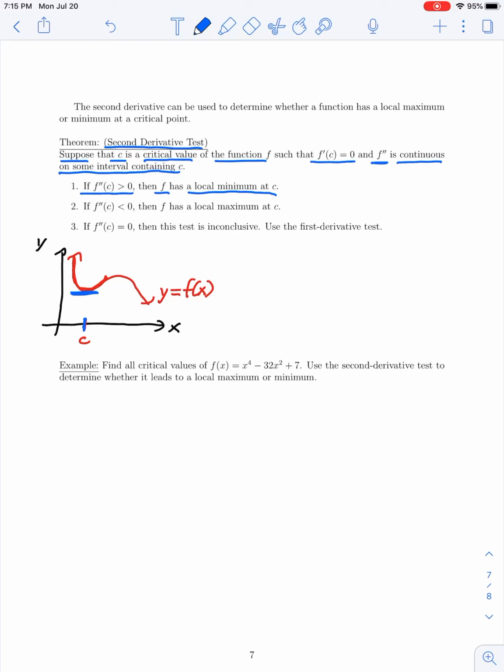Now, the second part of this theorem says if we have a second derivative which is negative at a critical value, then f has a local maximum at that critical value.